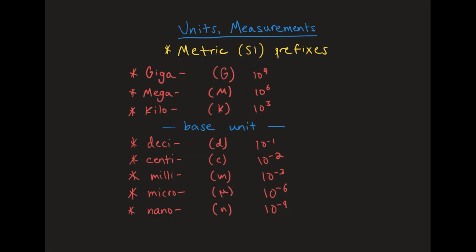These simply get added onto the name of the base unit. For example, 10 to the 3 meters, or 1,000 meters, is equal to 1 kilometer. This also works for very small measurements too, because something like 0.02 meters is just 2/100ths of a meter. A centimeter is 1/100th of a meter, so this is equal to 2 centimeters.